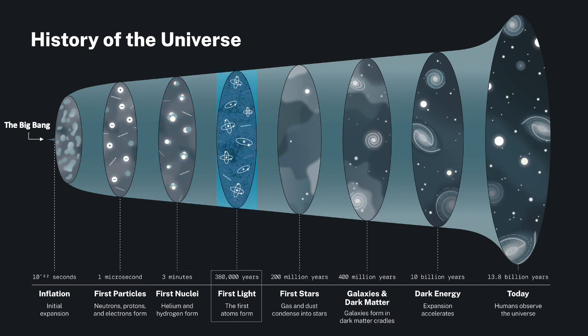Jumping to roughly 380,000 years after the Big Bang, the universe had expanded and cooled enough for conditions to favor electrons remaining in stable orbits around atomic nuclei. This is when recombination occurred, with neutral hydrogen and helium finally appearing because they could recombine with electrons without easily losing them to stray radiation, like what was happening at 3 minutes past the Big Bang.